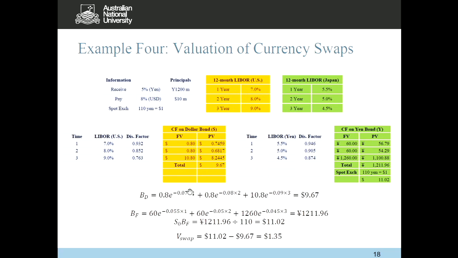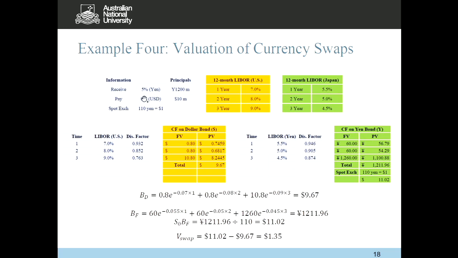So you're using the 1-year rate to discount the first year cash flow, the 2-year rate to discount the second year cash flow, and so on and so forth. And you work out the dollar denominated bond is 9.67 million.